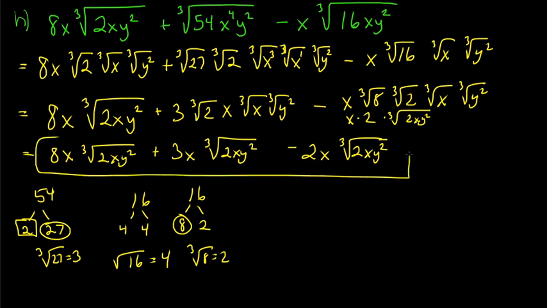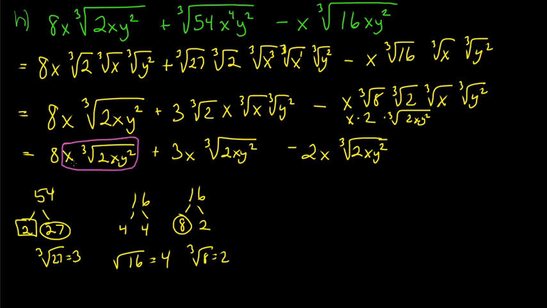And so when you look at all 3 of these terms here, you'll notice some similarities. This is not the answer, I'm just highlighting it. You'll notice that this is x times the cube root of 2xy squared. This is x times the cube root of 2xy squared. And this is x times the cube root of 2xy squared. All these are identical. Right? So you have 8 plus 3 minus 2 of those.